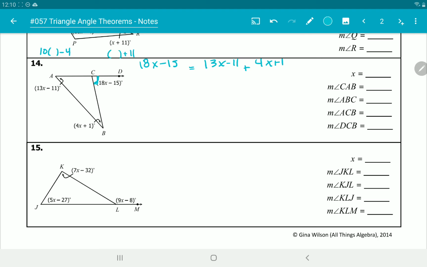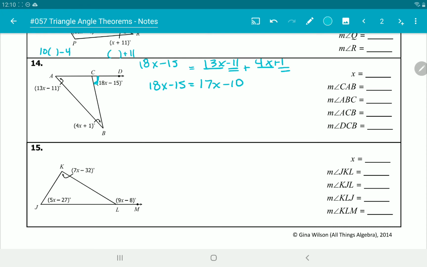So now if we go ahead and do this, we're going to have this 18x minus 15 still. We'll go ahead and do the x's, so 13 plus 4 is going to give us 17x. And then the minus 11 plus 1 is going to give us minus 10.